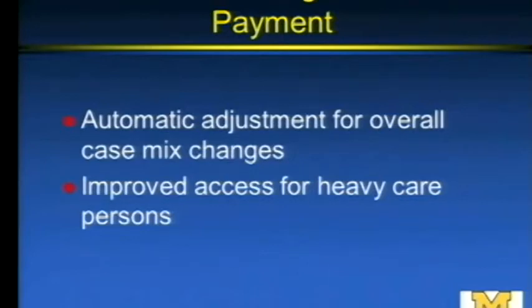If overall case mix in the state goes up, then automatically you will be receiving more money because it'll be built into the payment system that you're going to be accessing higher payment rates for those individuals. So the actual size of the pie will automatically adjust upward. It'll be bigger, and you don't have to go back to the legislature to get extra money for it. You don't have to argue with anybody. It'll be built into the system to allow for overall case mix change.